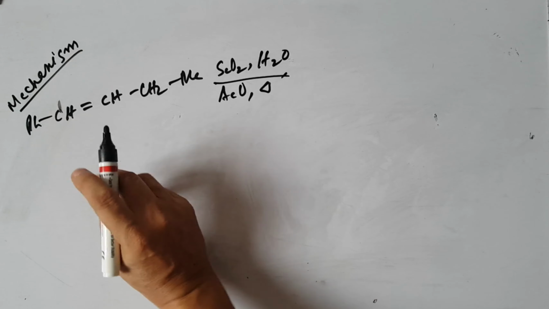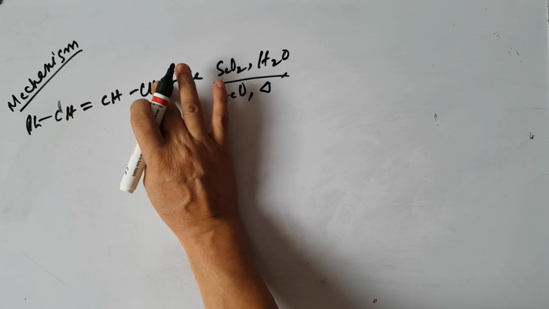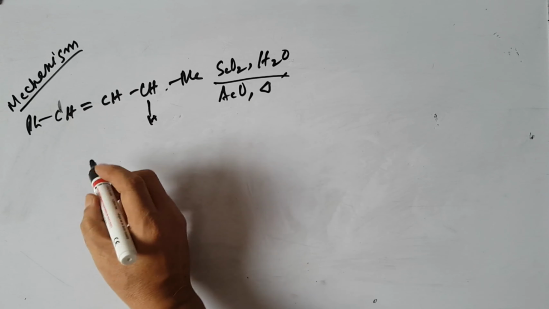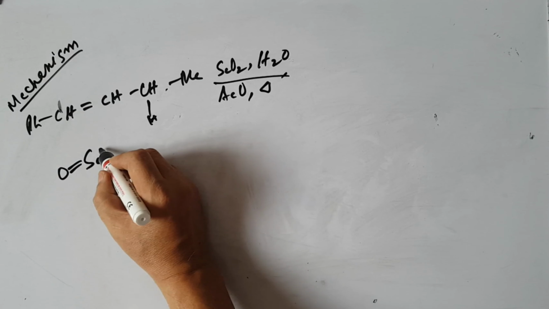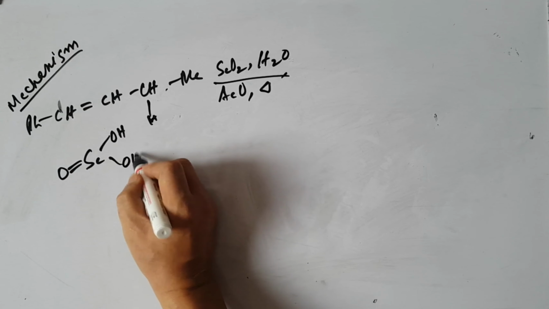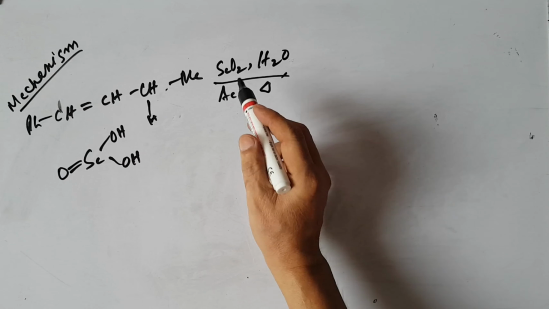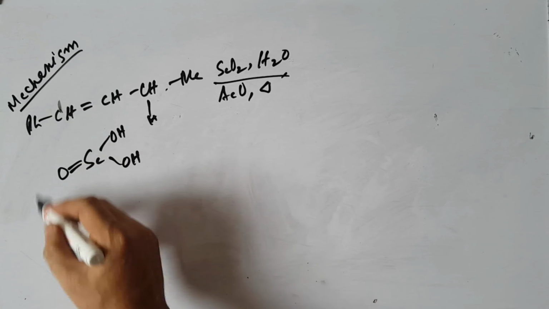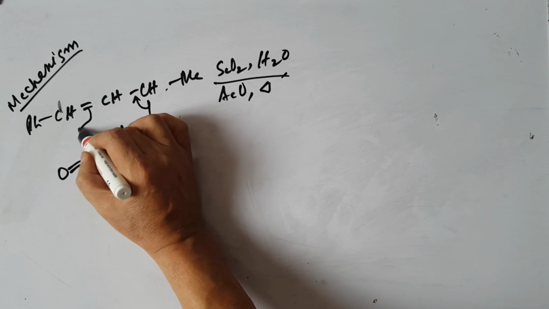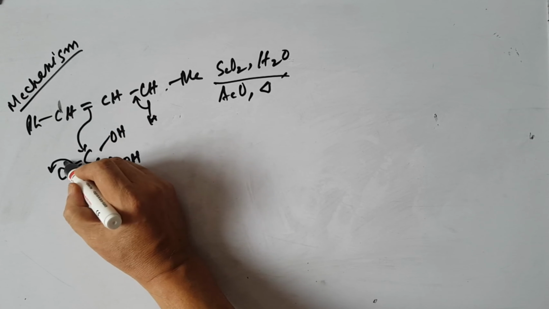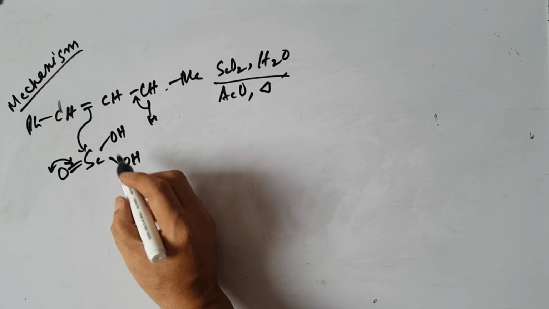First, we'll get this one. This is the methyl group, with hydrogen here. So we have this selenium, O, OH. This is selenious acid. When selenium dioxide reacts with water, it gives selenious acid. So the first step is like this. I take this one here, then this goes and comes back again, and then this is lost as water.